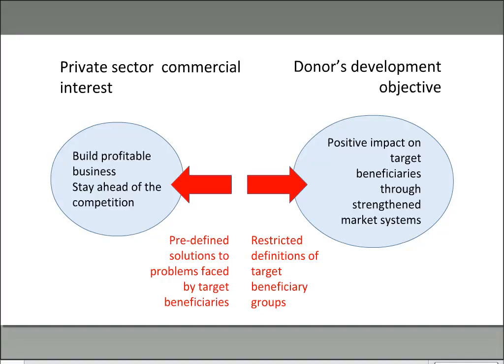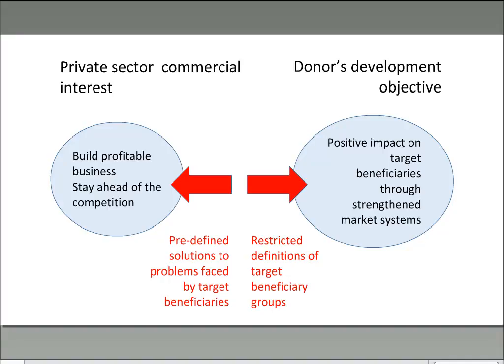We did find examples of very restrictive definitions of who should be in the target beneficiary group, or the profile of the target beneficiary group, sometimes, let's say, by gender or by geographical location. And that limited definition, in turn, limited the potential to find intervention partners that were willing to invest in business models targeting such specific customer segments.